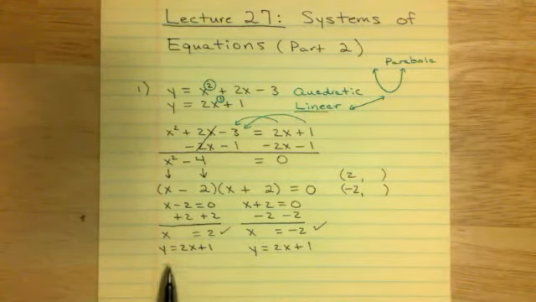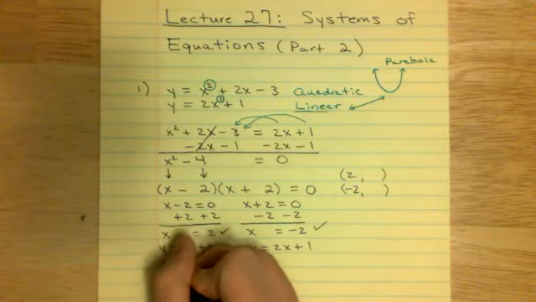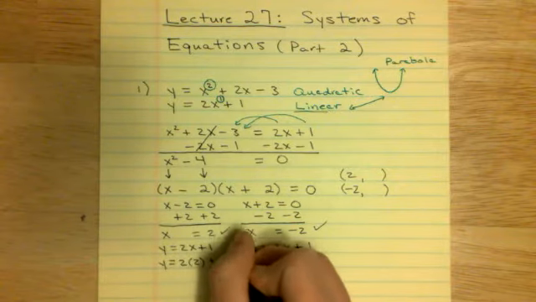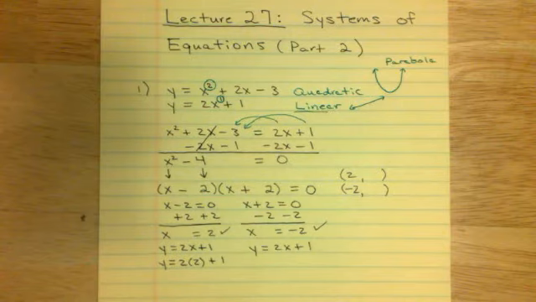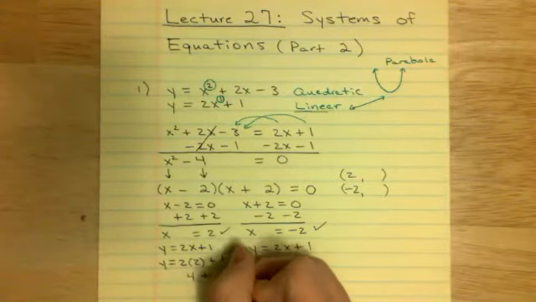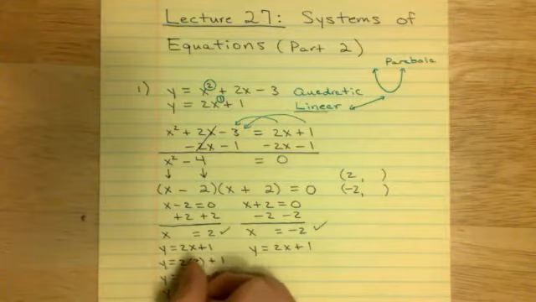What I don't know is what y is, but we're about to find that out. So for this one, I'm just going to plug in 2 for x and see what happens. I get 2 times 2, which is 4, right? We're adding 1 at the very end, and I get y equals 5.